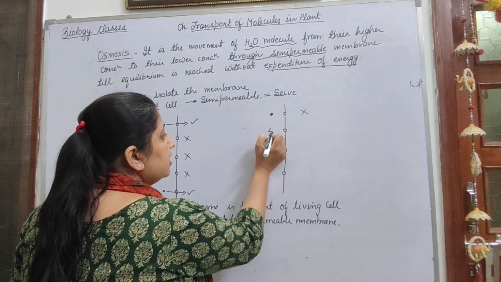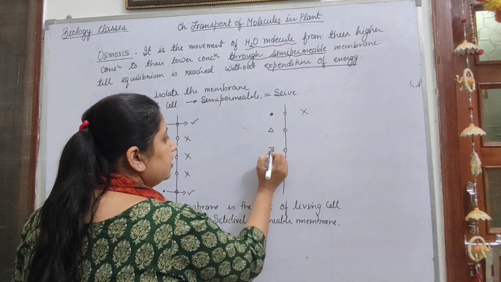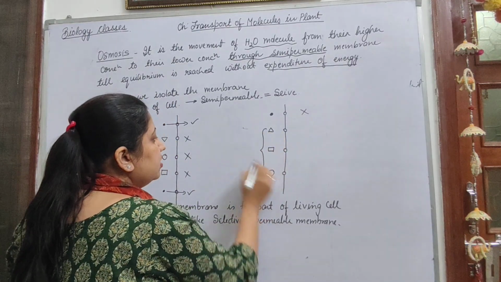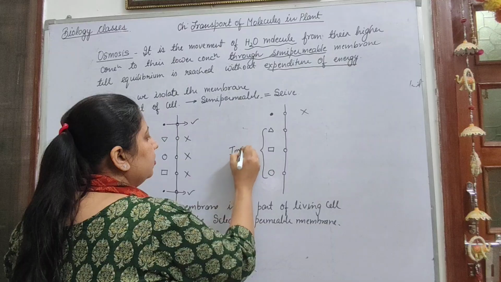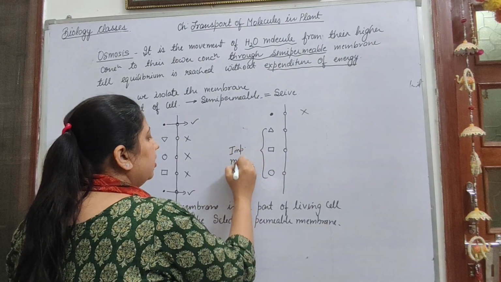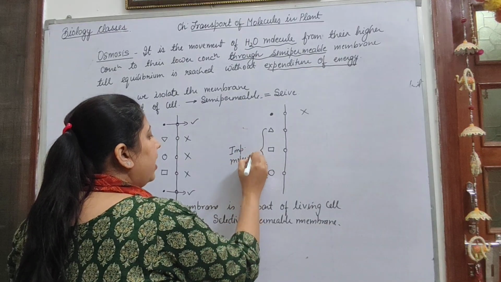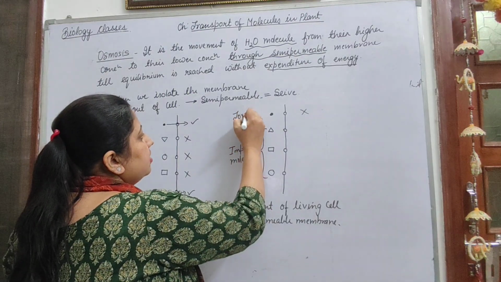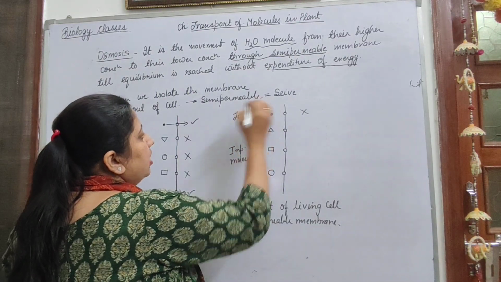And if a molecule's size differs from the pore size but it is an important molecule that the cell requires, or suppose this is a toxic molecule for the cell.